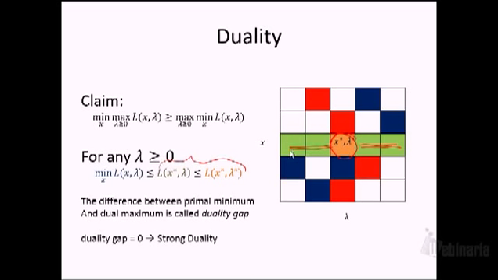But according to our definition of the dual, for any lambda, the value of the dual has to be less than or equal to the value of the Lagrangian at any other x for the same lambda. And so this gives us the inequality that the primal solution, which is the minimum of the primal problem, is an upper bound on the dual.